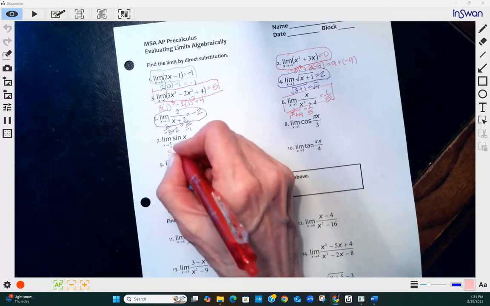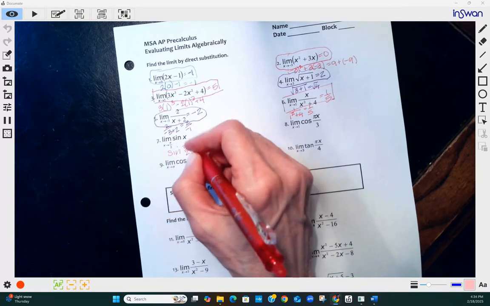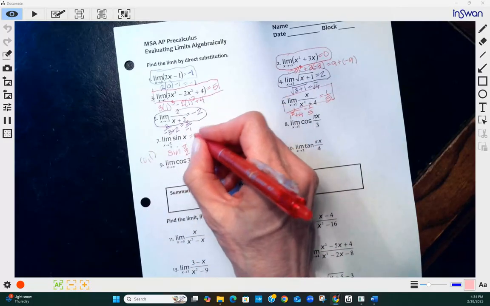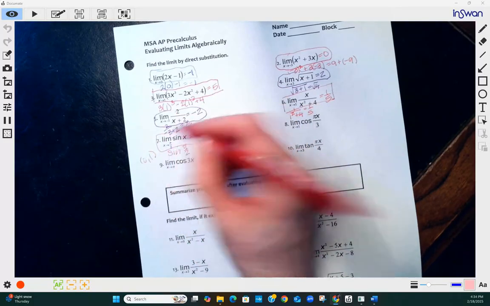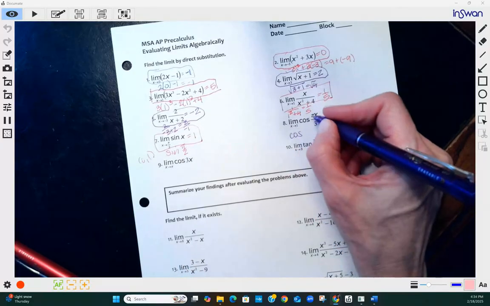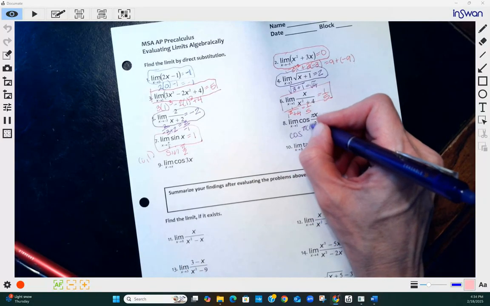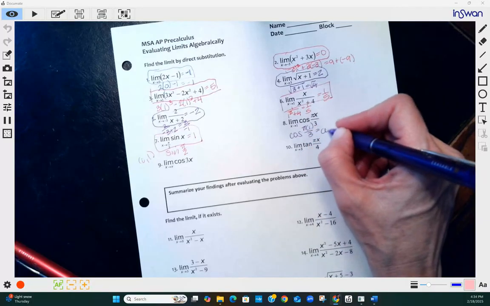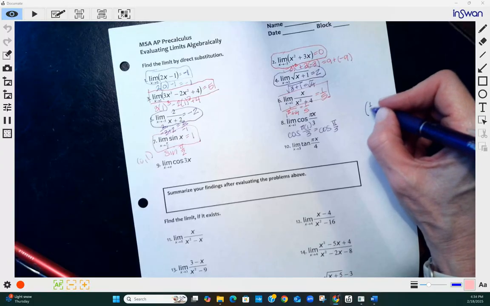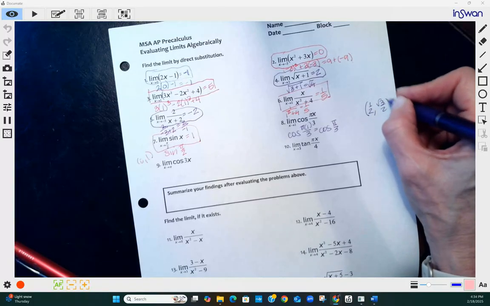The sine of pi over 2, that's the ordered pair 0, 1. Sine is the y-coordinate, so that is 1. Cosine, and you would just do pi times 1 over 3, which is just the cosine of pi over 3. Pi over 3, the ordered pair, is 1/2 comma square root of 3 over 2.